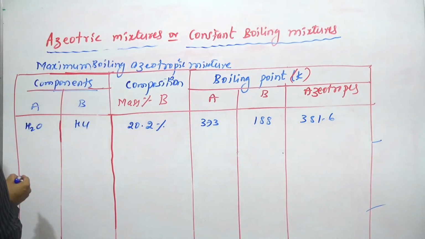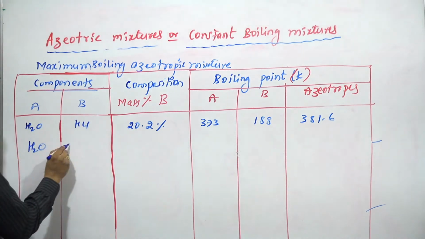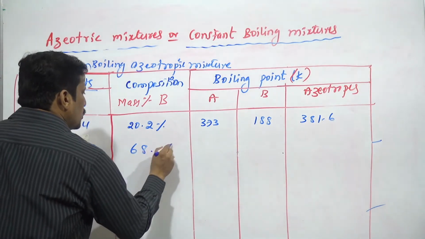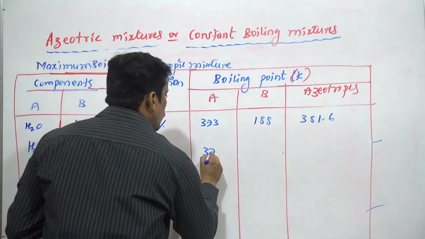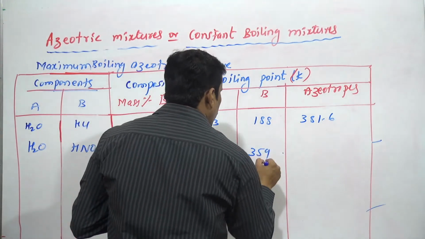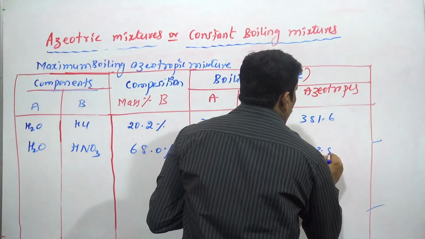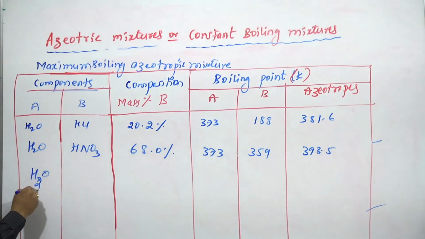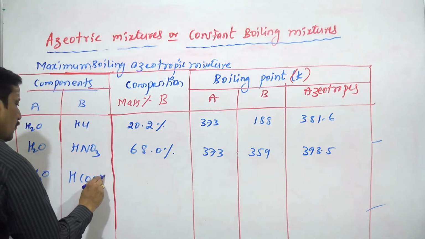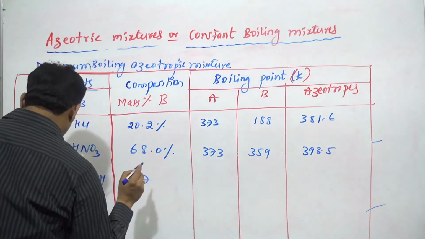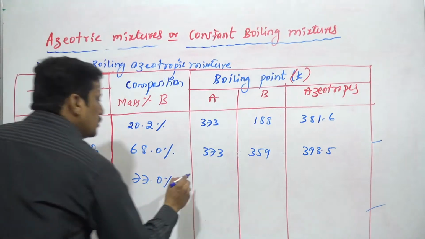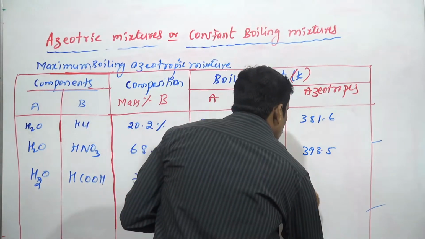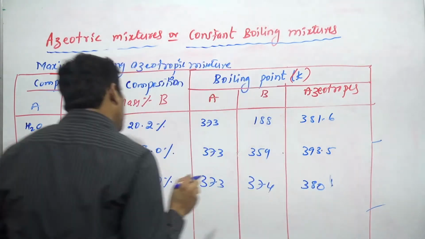Then another example: component A is water, component B is nitric acid, 68.0%. Then 373 Kelvin, 359 Kelvin, 393.5 Kelvin. Again H2O, B is formic acid, 77.0%, 373, 374. They boil at 380 Kelvin.